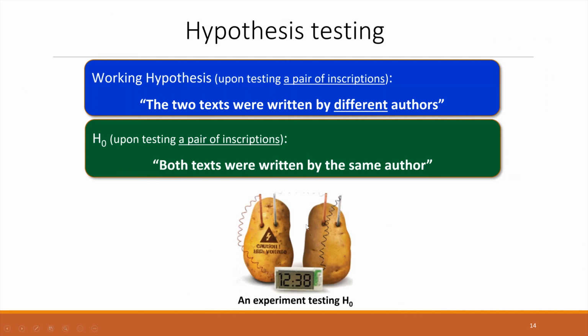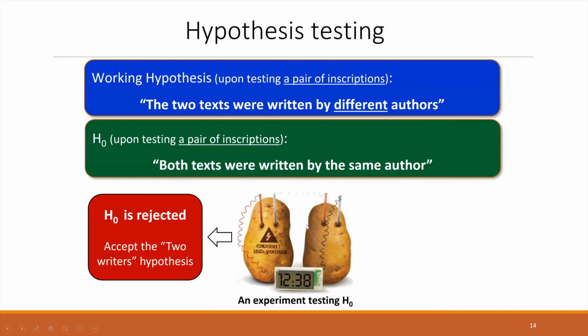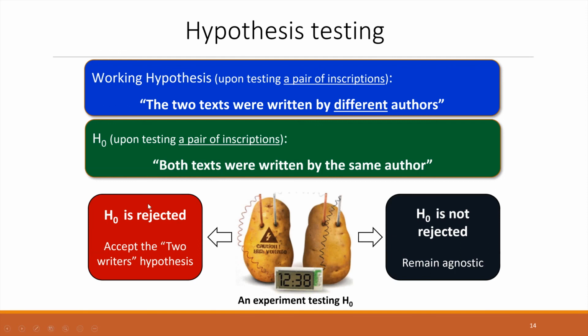We have a mechanism, and we have selected a priori a p-value threshold. For p-values received from this mechanism below this threshold, we reject the null hypothesis. And if the p-values are above the selected threshold, then we remain agnostic and can't say anything.